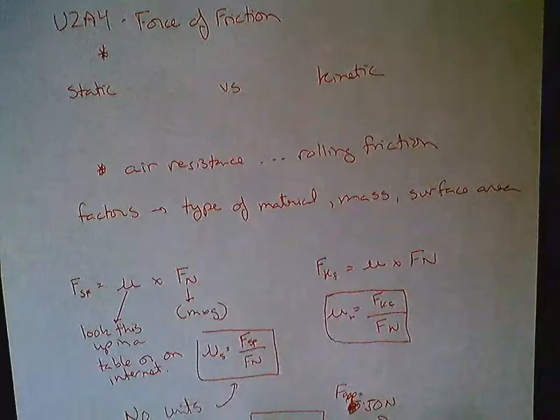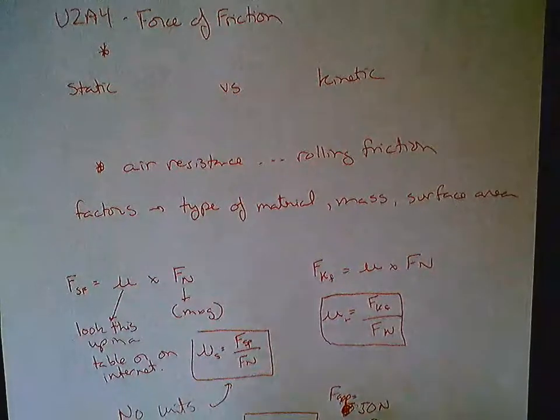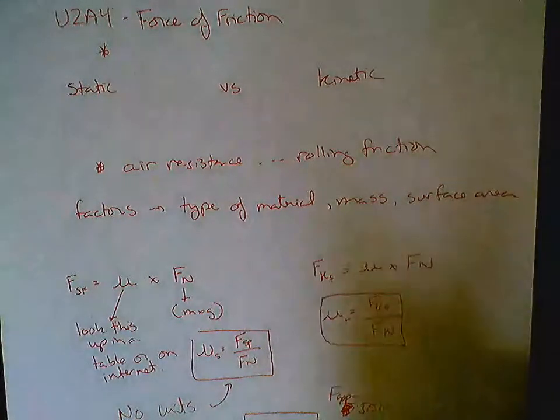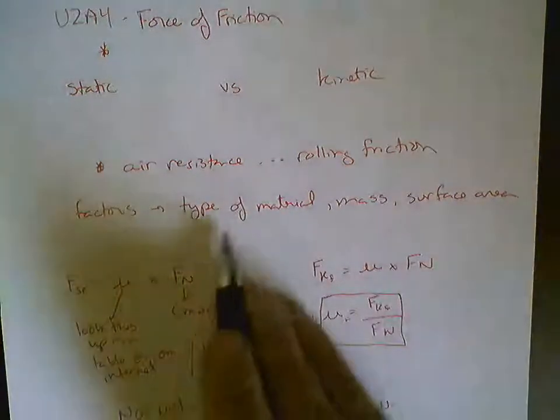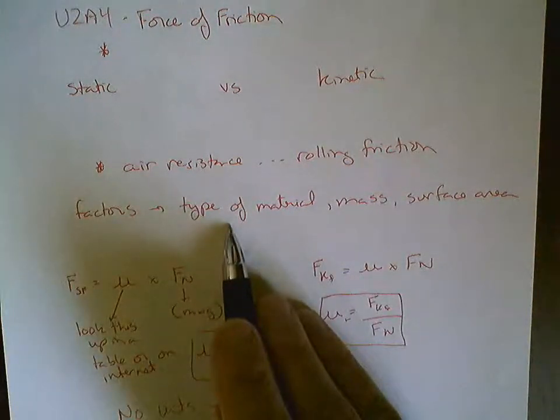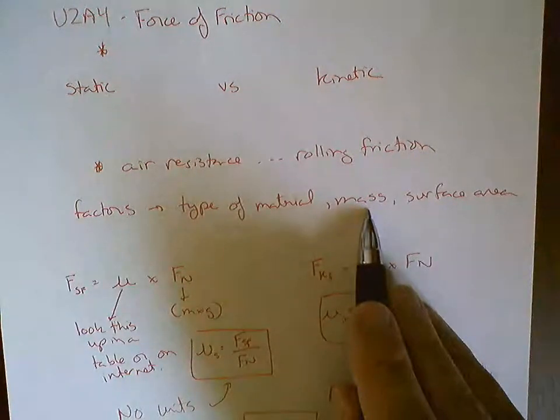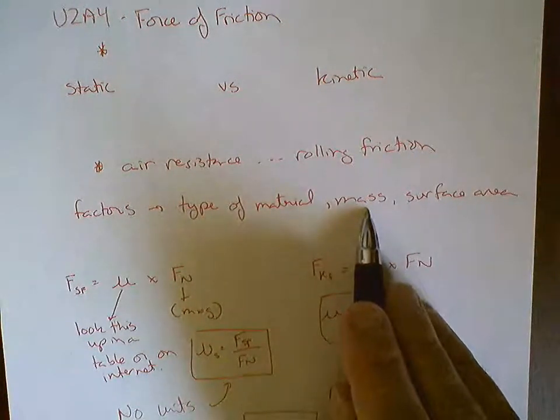Now, it's very important to take a look at the types of factors that affect friction. The type of material is important. If you've got concrete on concrete, that's different than ice on ice. The mass is very important. In the formula we're going to learn, you need to know the mass of what you have. Picture a 1 kilogram brick on a surface versus a 1 ton brick on a surface.